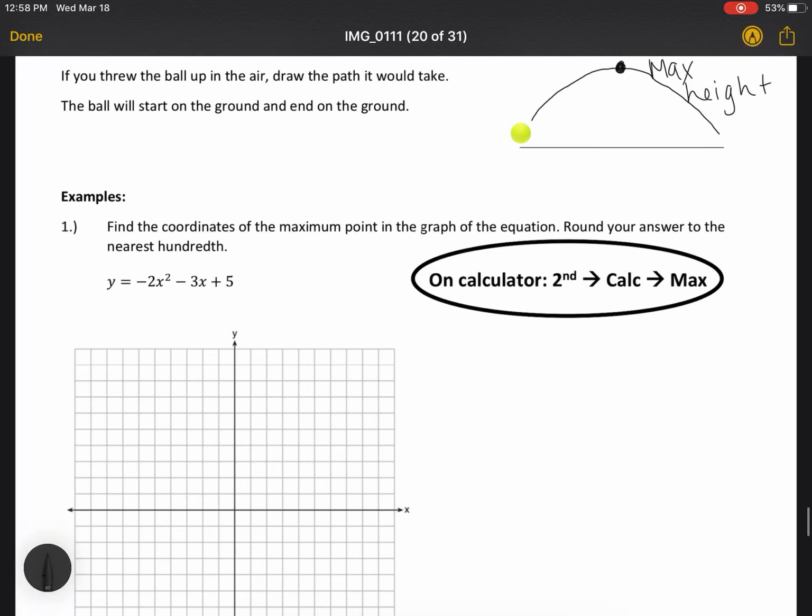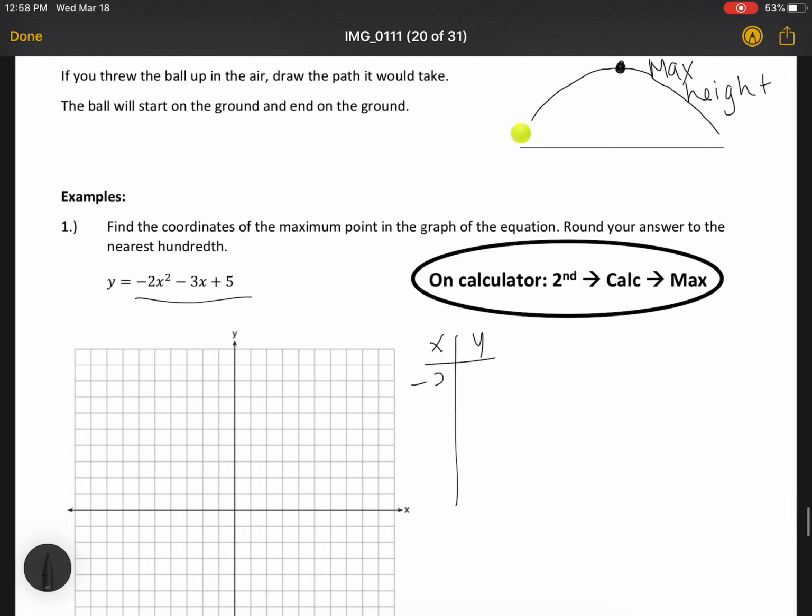Hopefully I can fit all the graph on here. I cut some of my graph off, but that's okay. It says find the coordinates of the maximum point on the graph to the equation, round your answer to the nearest hundredth. So I am going to sketch a quick picture of what this graph looks like. All you need to do is plug this into your y equals and get your table of points.